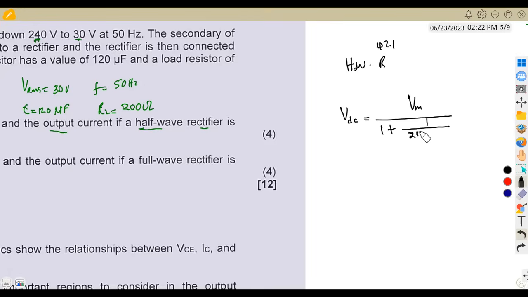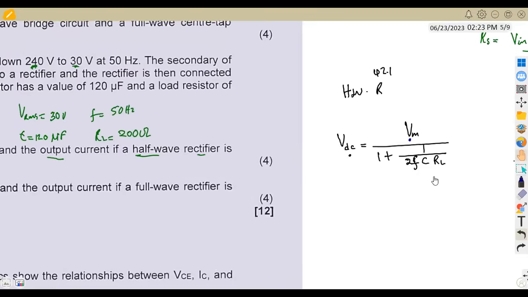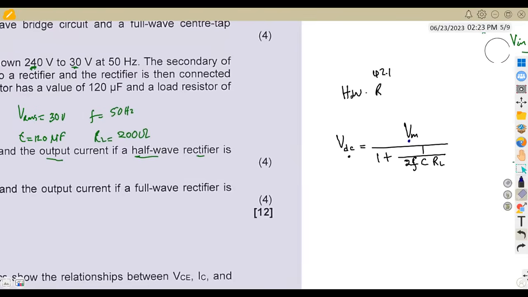Now we are not having pi, we've got frequency, so it will be 2 F C RL. So this can give us the output voltage, but we do not have VM. So where can we obtain our VM from?